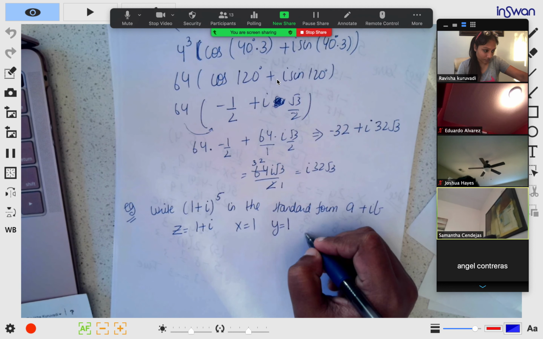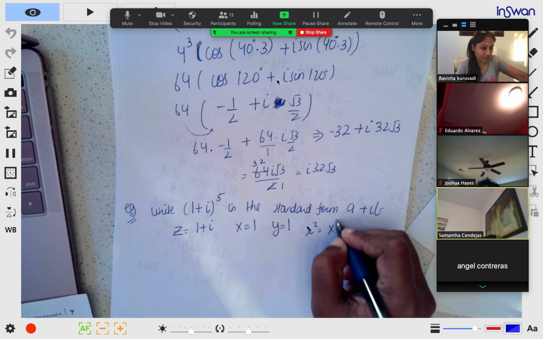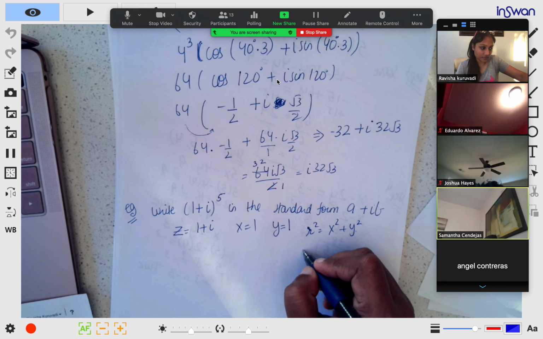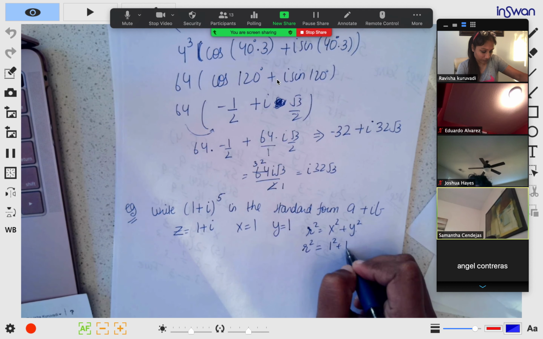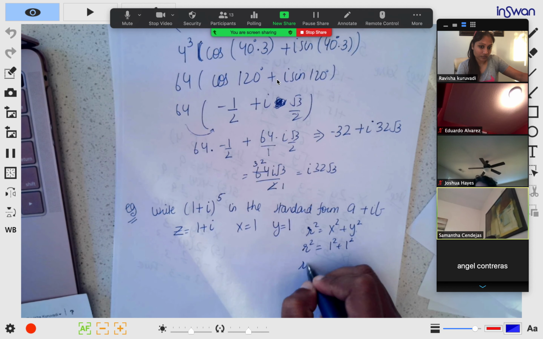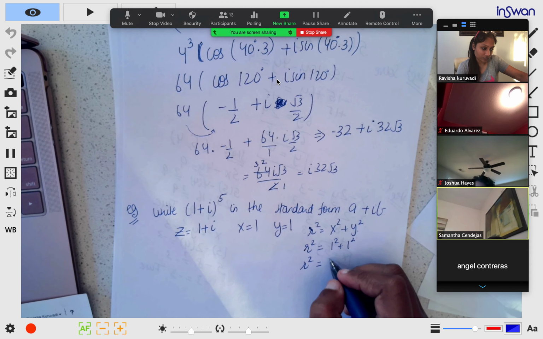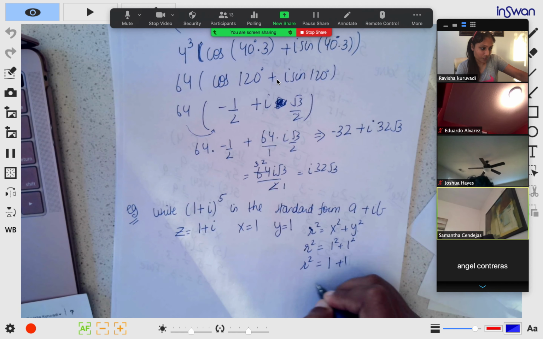It's r squared equals x squared plus y squared, so it's 1 to the power of 2 plus 1 to the power of 2, which gives me r equals radical 2. Yes, perfect.